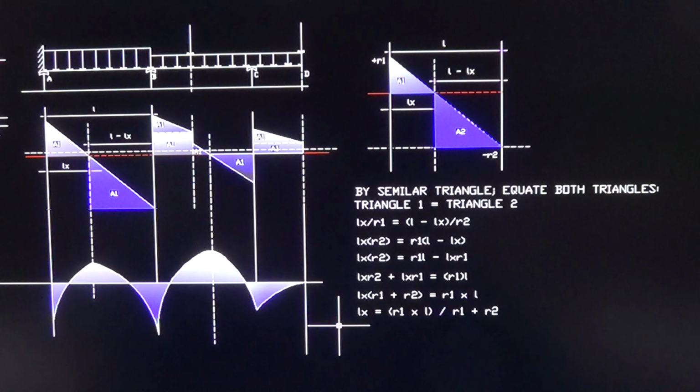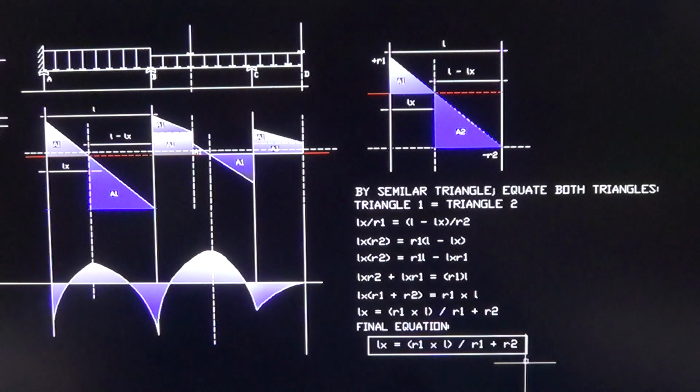And the next, simplifying the equation now, the Lx is equal to R1 times L, bringing down R1 plus R2 underneath. You have the result of Lx is equal to R1 times L divided by R1 plus R2.